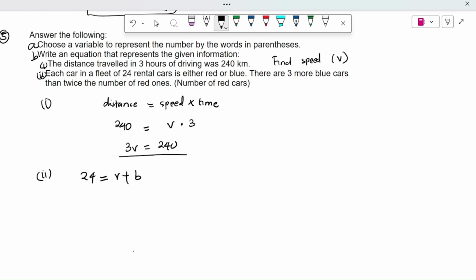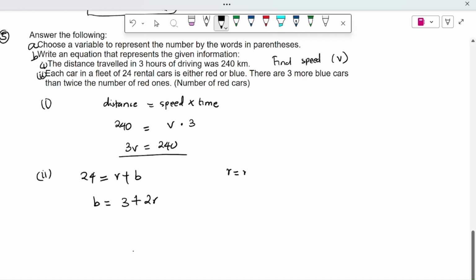So that is the first equation. If we go to the second sentence, it says there are 3 more blue cars than twice the red ones. So we are given that the blue cars are 3 more than twice the red cars.